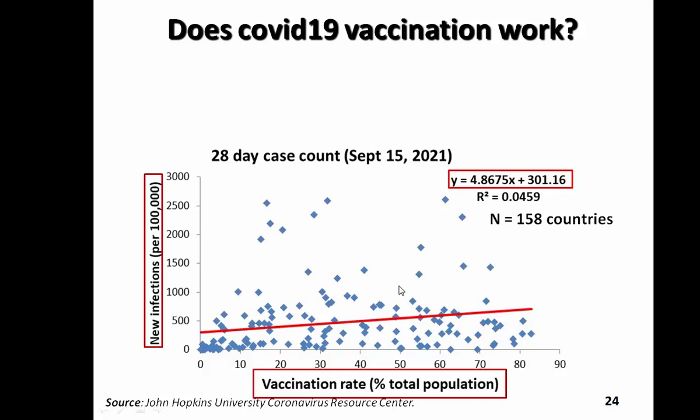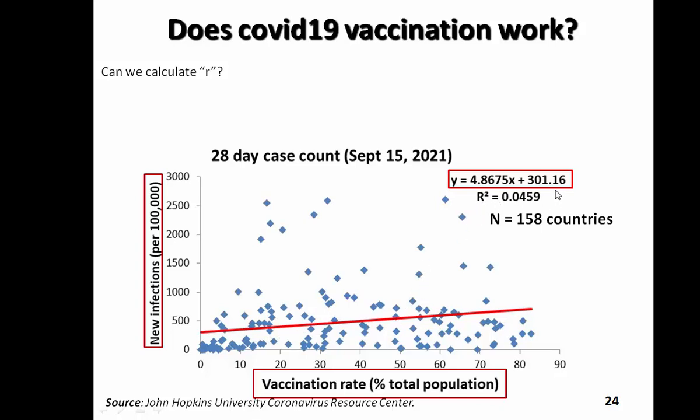Each country reported a vaccination rate as of September 15th, 2021 as a percent of the total population, and each country had reported a number of new infections over the previous 28 days per 100,000 individuals.